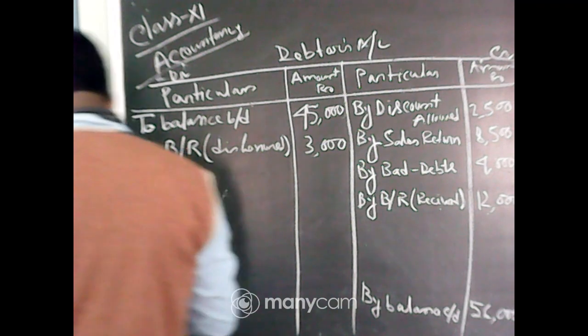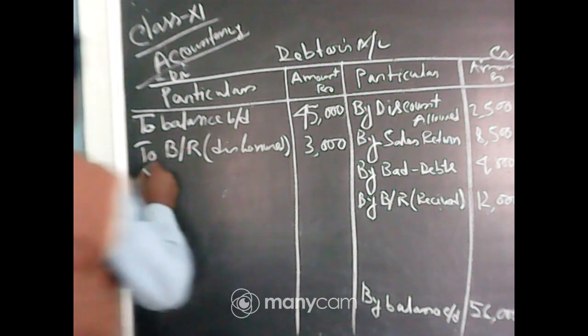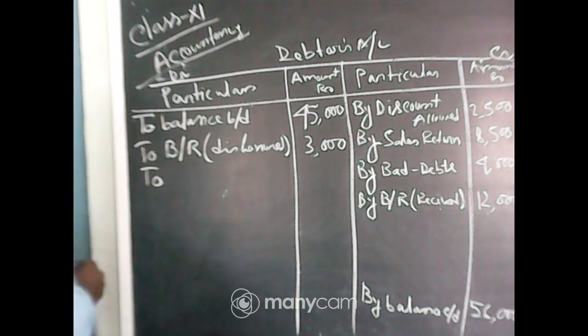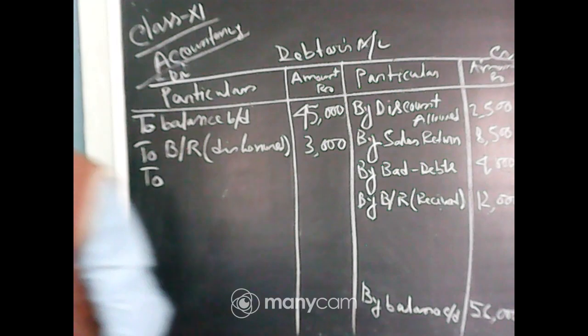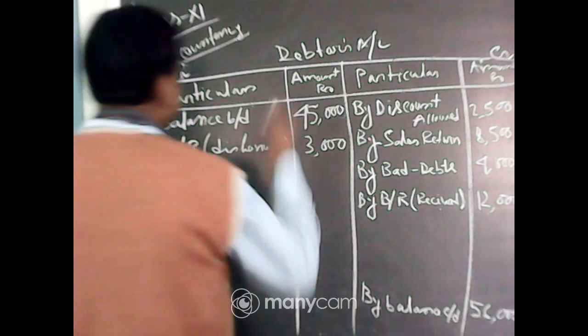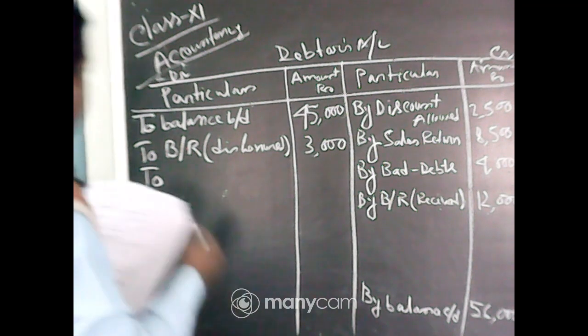Now check dishonored. One check actually given by some debtors is dishonored. That means that is bounce. So that also, actually debtors balance will not be less. Debtors balance will be intact.